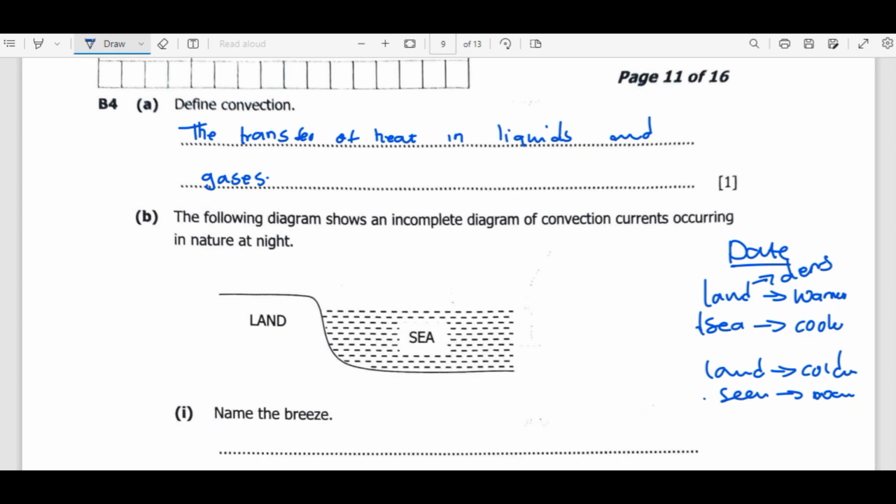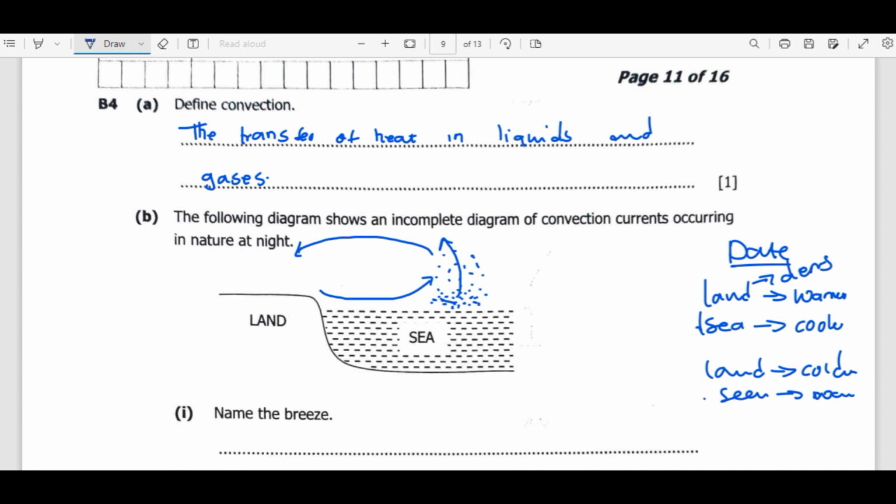If we look at the movement of these air molecules, they will move in this direction. The air particles or molecules here on the surface of the water will be heated up. After they are heated up, these air molecules will be forced to go on top, since whatever has a lower density goes on top.